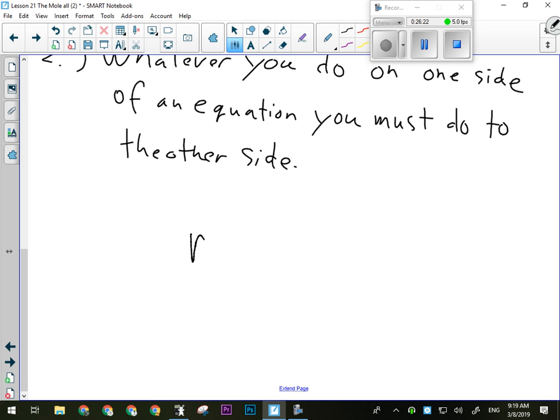Okay, so really what we're saying here, guys, is this. I have little m over big M. If I want to get little m by itself, I have to move big M over to the other side. Right now, I'm dividing by big M. So I want to do the opposite in order to move it.